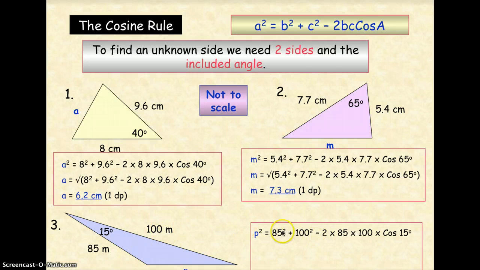You plug in those two sides that are given to you, you square them, and then here again 85 and 100 times the cosine of the given angle, which is the angle opposite to the missing side. I will repeat just to emphasize, don't forget the square root. Use the calculator and see if you will get 28.4 meters in 1 decimal place.